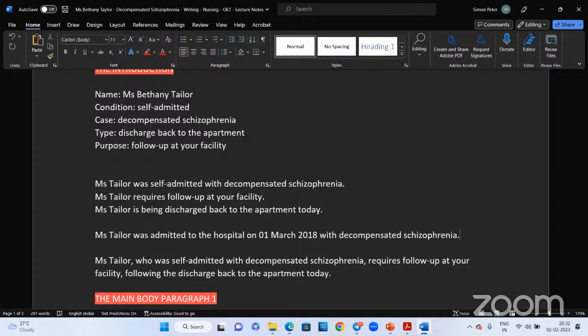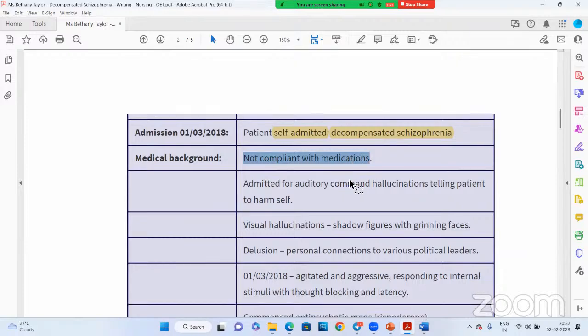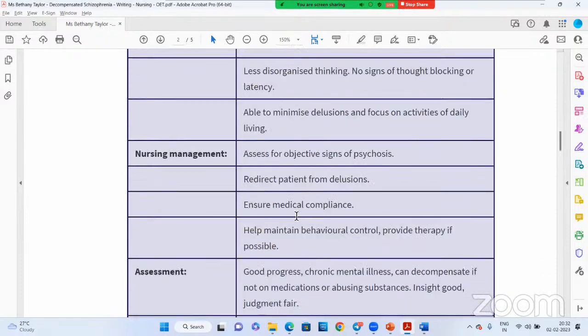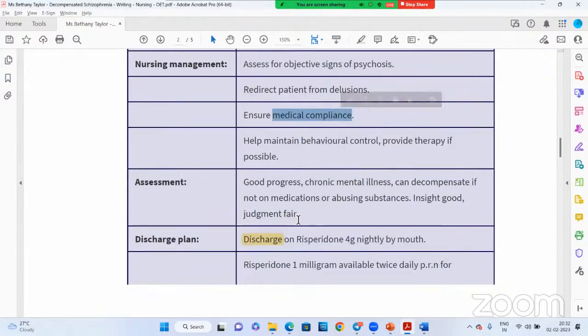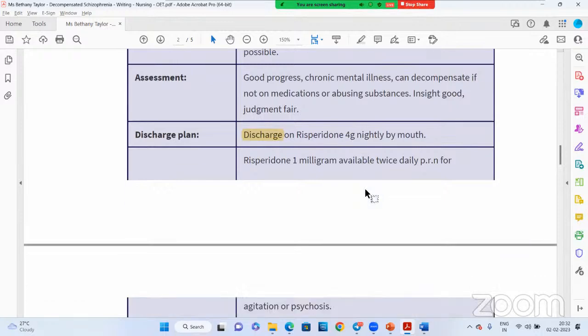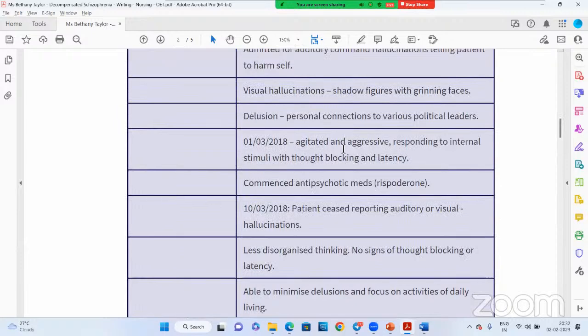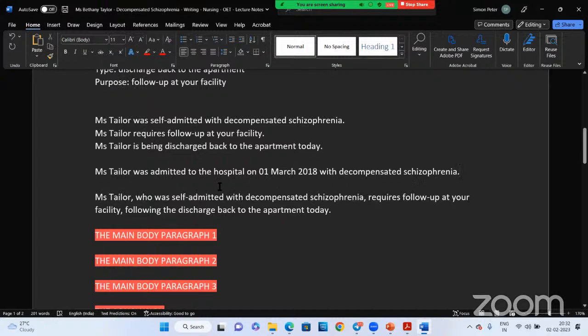And this is probably due to non-compliance with medications. Probably due to medication non-compliance. Ensure medication compliance. So you can write that one also. So this is the way how you are going to write differently.